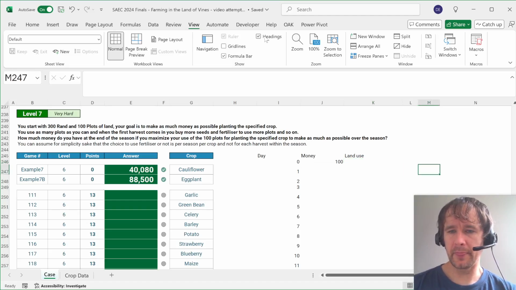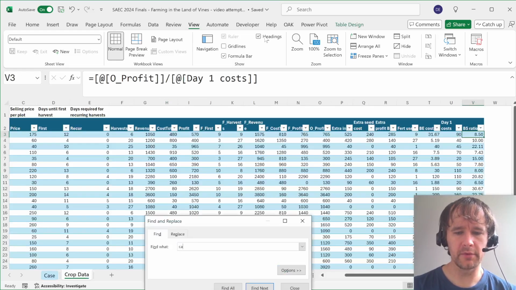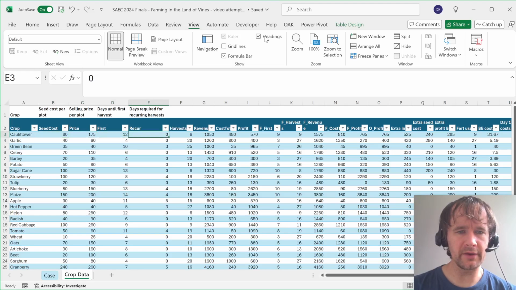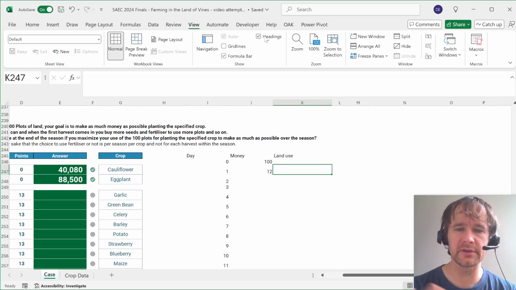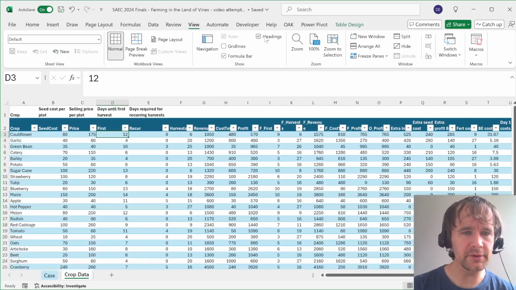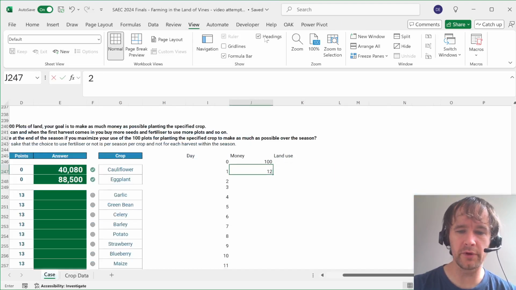And then you would buy a bunch of stuff. So let's say your money goes down to 12, and let's say it's cauliflower that has a 12 day to the first harvest. So let's do actual numbers. Cauliflower costs 80. So you'd actually just get one cauliflower.